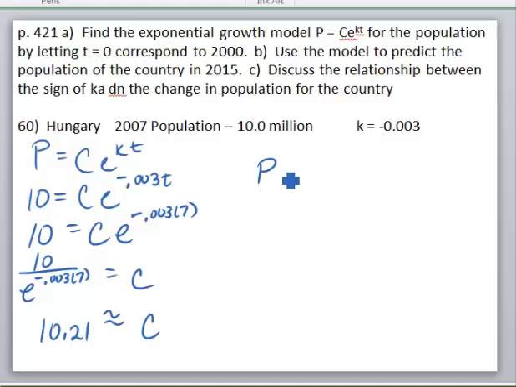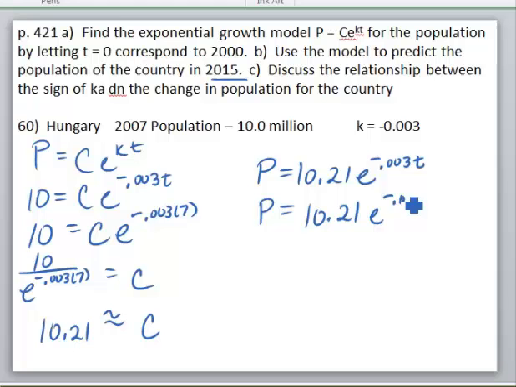So now I'm going to have the equation 10.21 e to the negative 0.003t, and I can now figure out what the population is at 2015. That would be after 15 years. So I'm going to plug 15 in for my time and solve.